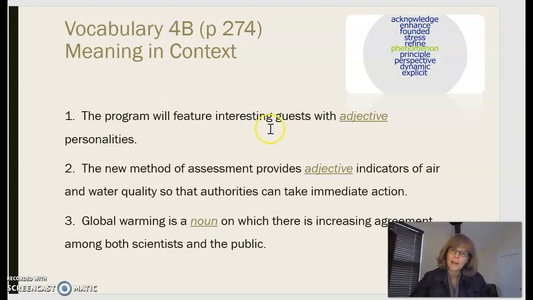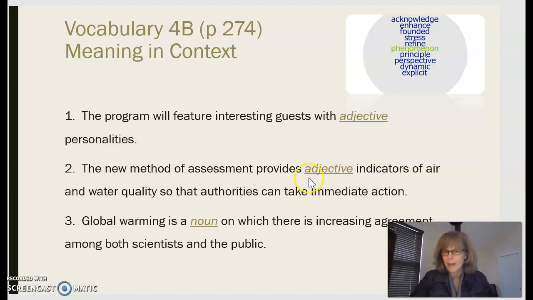So the first one, the program will feature interesting guests, and this is a good place for the word dynamic, with dynamic personalities, talking about someone who has a lot of charisma or has a personality that's going to be good on a program. What about number 2? Now we're talking about indicators in an assessment.